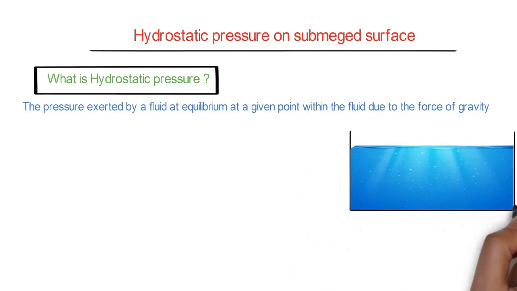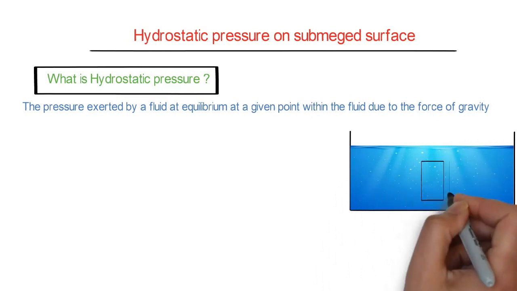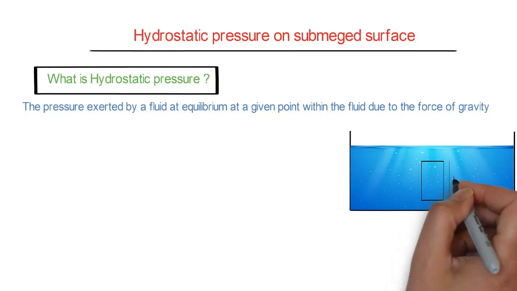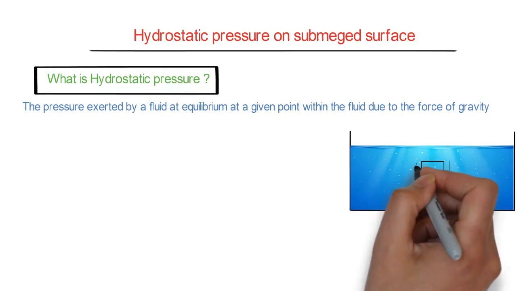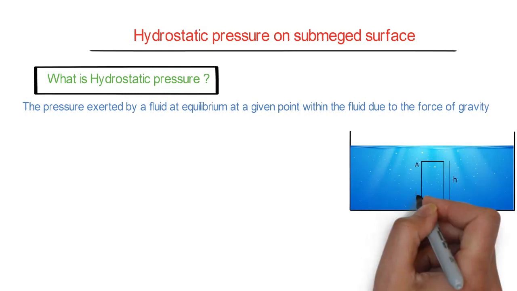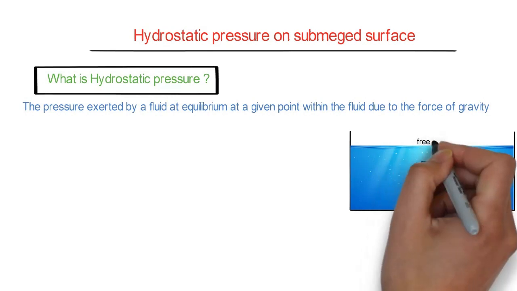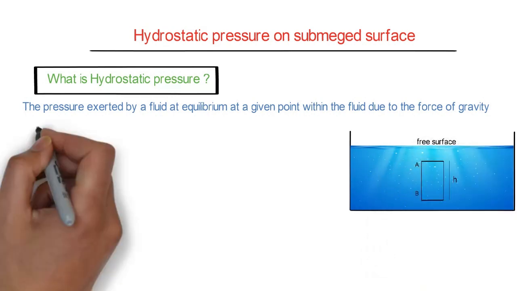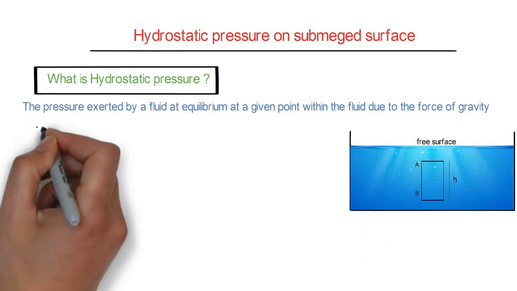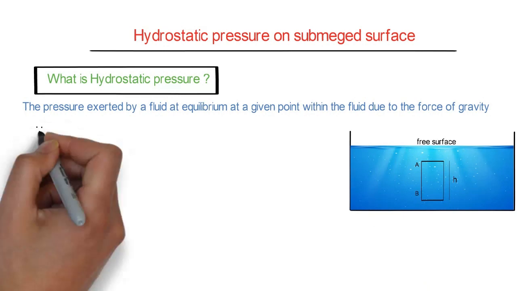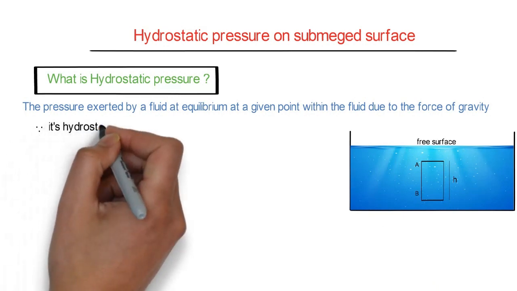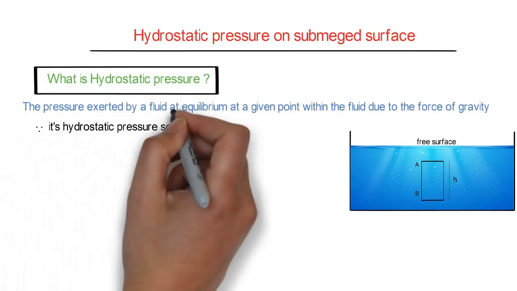Let's imagine we have this tank or container containing this fluid, and let's take this imaginary cube of the fluid with height h, and we have point A above this imaginary cube and point P below it. Again, because we're talking about equilibrium, the summation of forces acting on this imaginary cube equals 0.